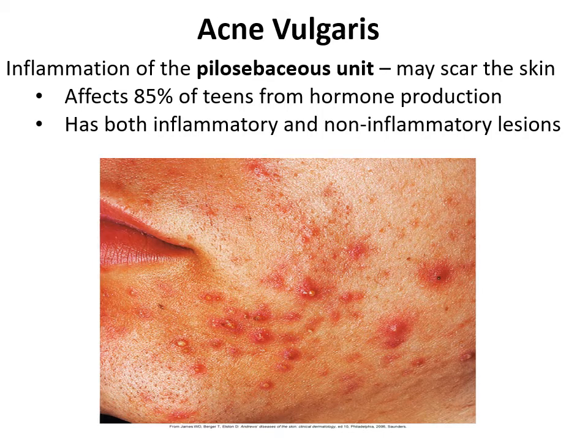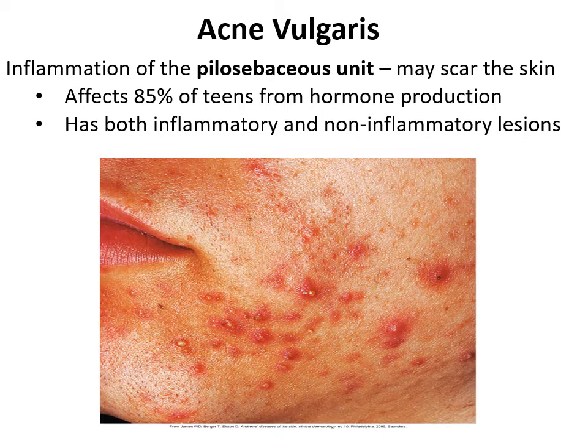Now, at puberty, what happens? So at puberty, there's androgens that are secreted, and the pilosebaceous unit matures and develops with androgens. So that's why acne typically begins with puberty.